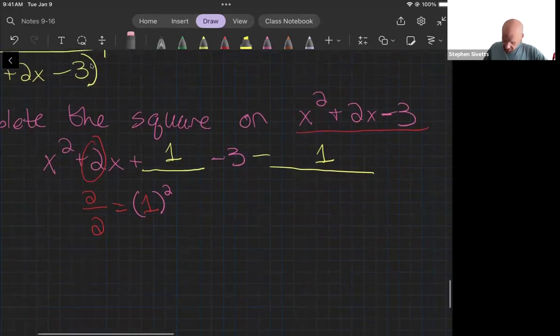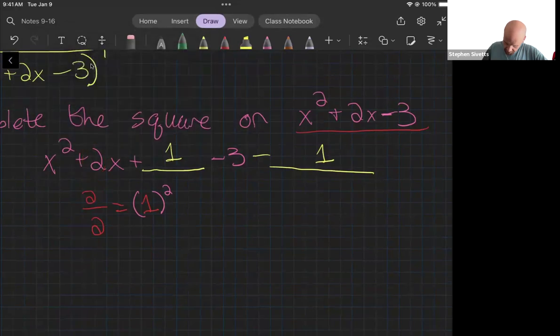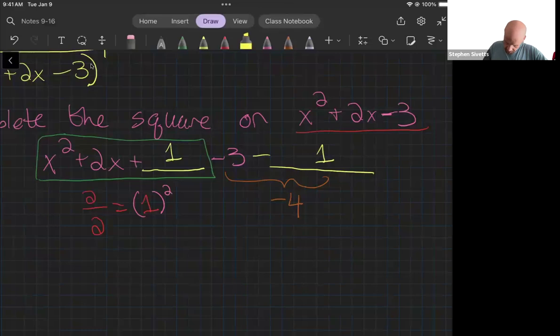By doing this procedure, these first 3 terms become a perfect square, and these last 2 terms we can combine to be a minus 4. So altogether this equals x plus 1 squared minus 4.